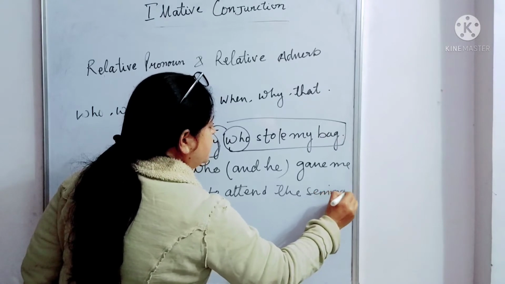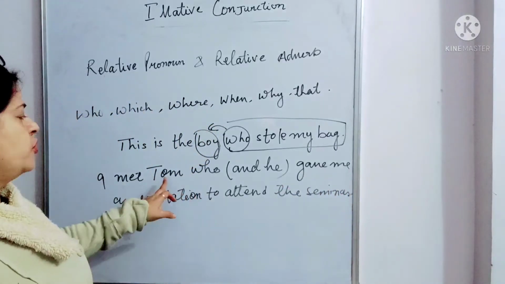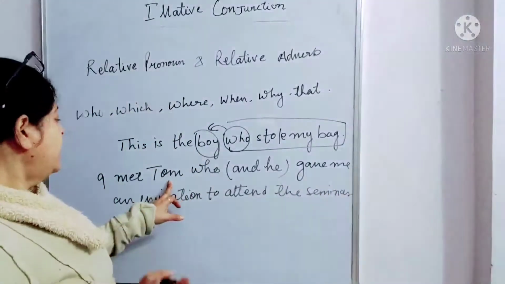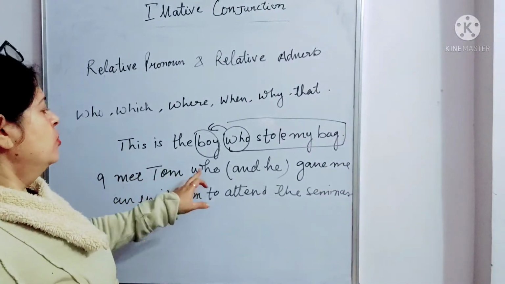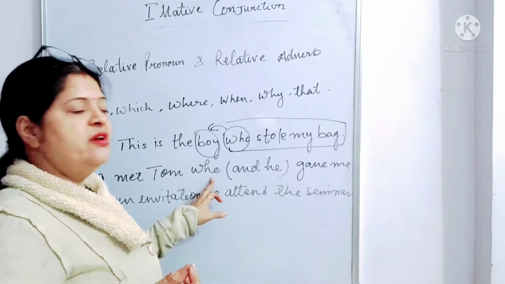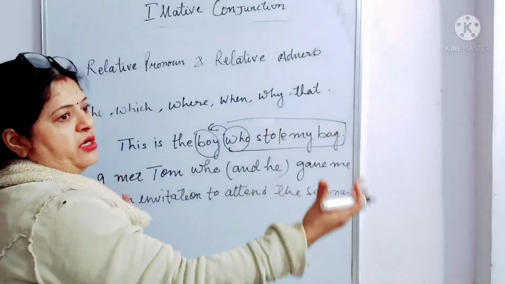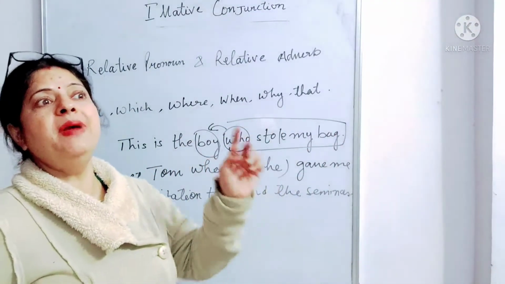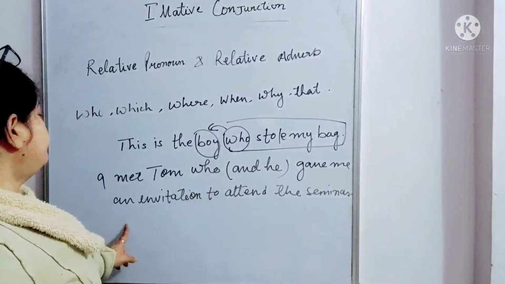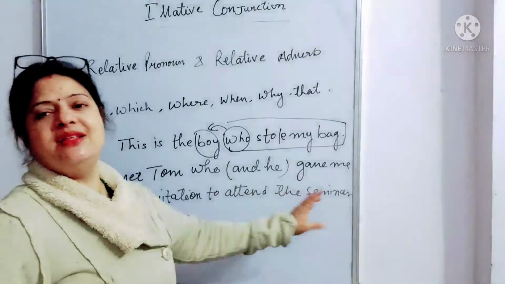So here we see that one particular boy, Tom, is not being singled out, but I met Tom who is actually giving the sense of and he, and things are happening in continuation. It means that I met Tom and he gave me an invitation to attend the seminar.